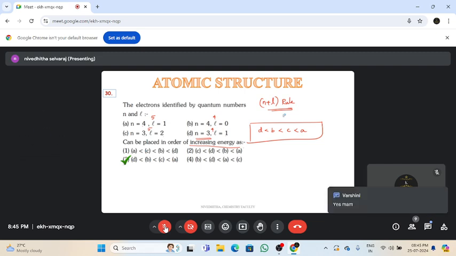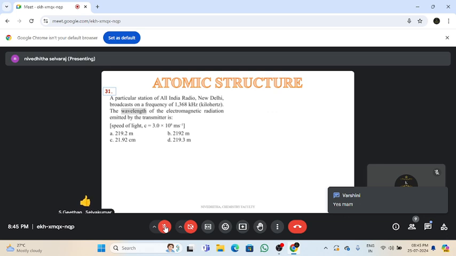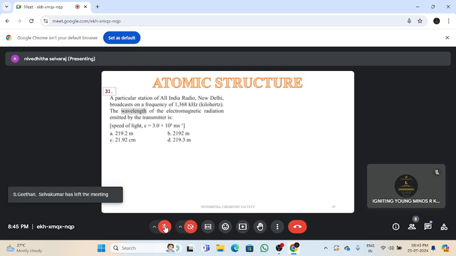Fine. Next question. A particular station of All India Radio New Delhi broadcasts on a frequency of 1368 kilohertz. The wavelength of the electromagnetic radiation emitted by the transmitter is dash. They have given you the frequency and they're asking us to calculate the wavelength. The formula is nu is equal to C by lambda.